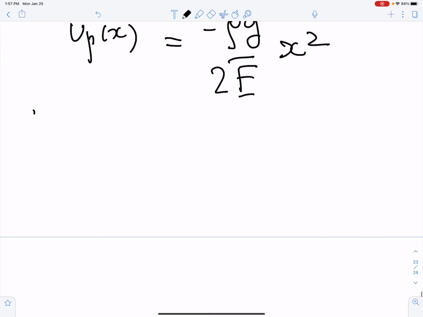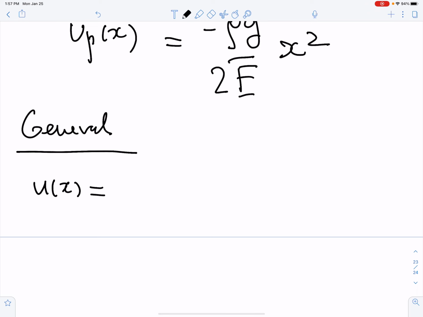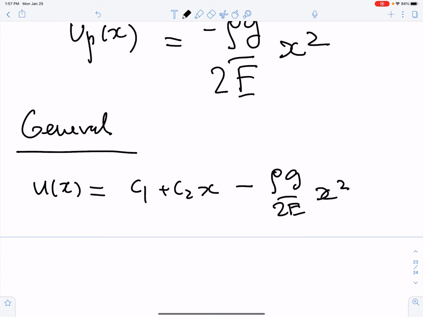So then the general solution becomes u of x equals, you take the homogeneous part, c1 plus c2x, and you add the particular part, that has a minus sign in front of it, rho g over 2E x squared, okay?